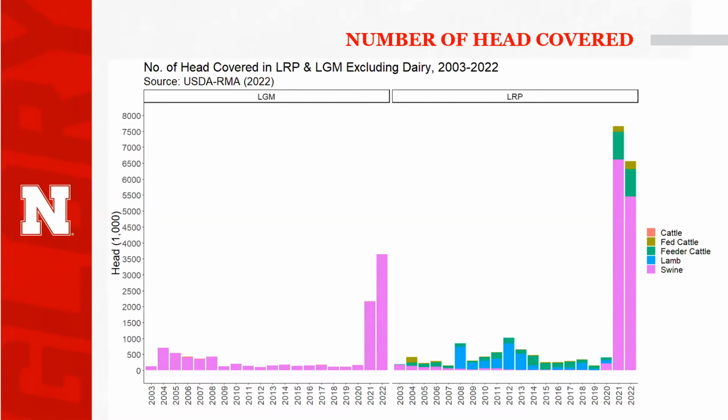And essentially the highest subsidy level went from 13% all the way to about 35%. And so that's really why we're seeing this big jump in the use of LRP, especially for swine and feeder cattle, which have been the 2 largest users, but it's largely a function of that subsidy level.